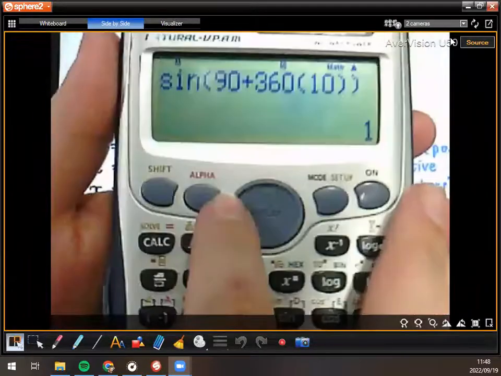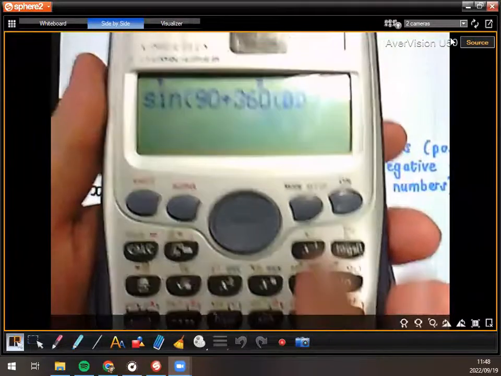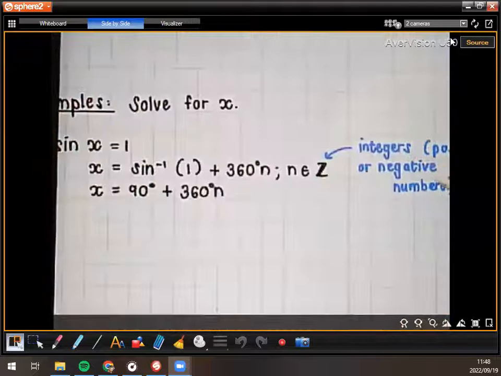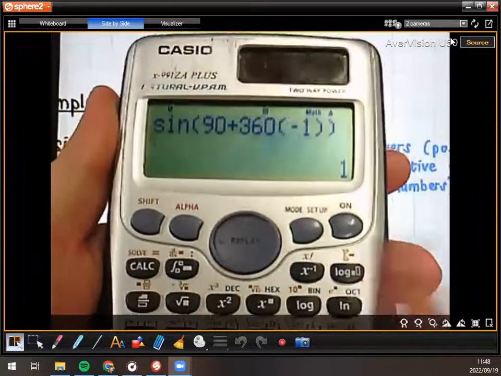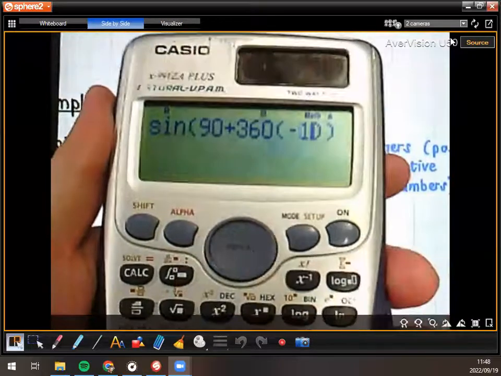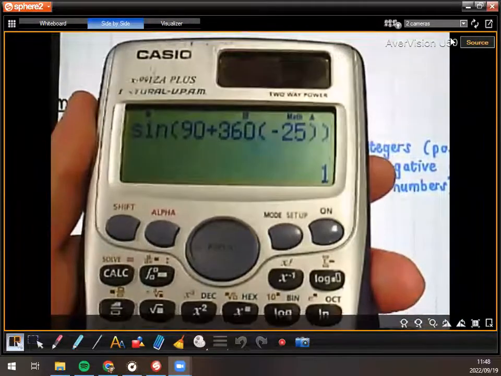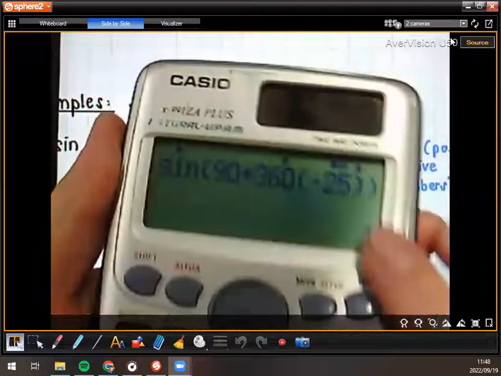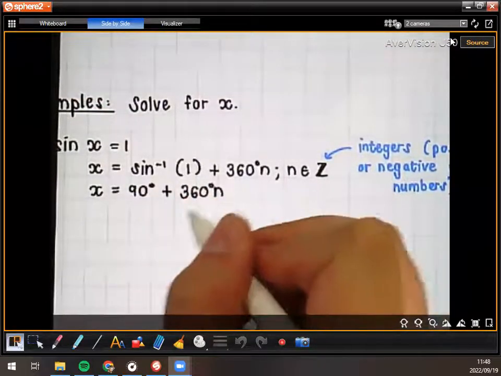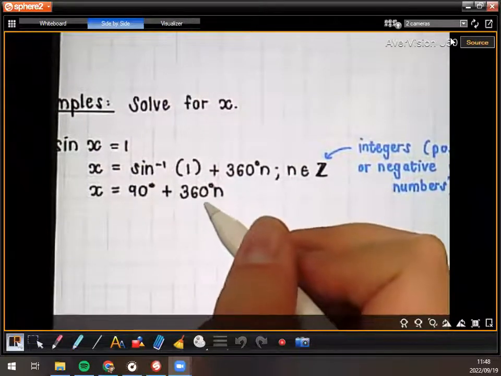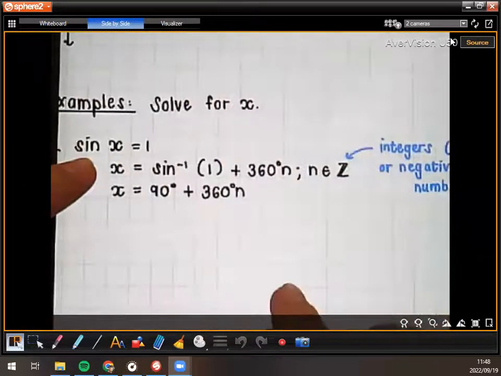We can also do negative values, guys. If I do -1, because remember an integer can be a negative whole number as well, what do I get? 1 again. I can again change it to -25. 1. So this is not the value of x. This is actually a formula that can give us any value of x that will satisfy this equation.